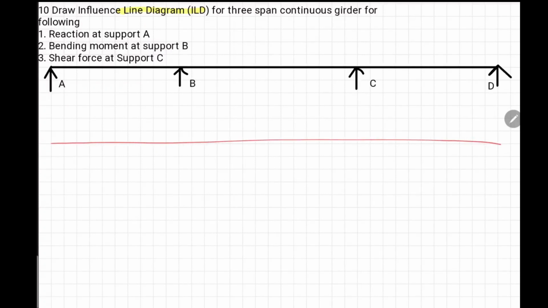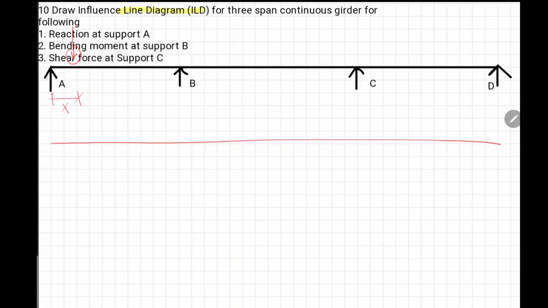What we mean by influence line diagram is, if I move a unit load over the bridge, how the reaction changes with respect to the position of the unit load. So along the x-axis we have the position of the unit load, and on the y-axis we plot the magnitude.